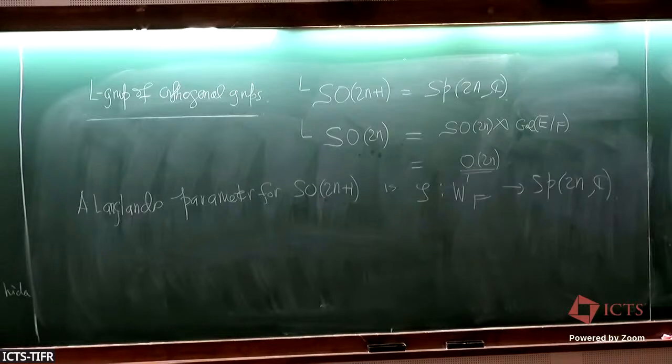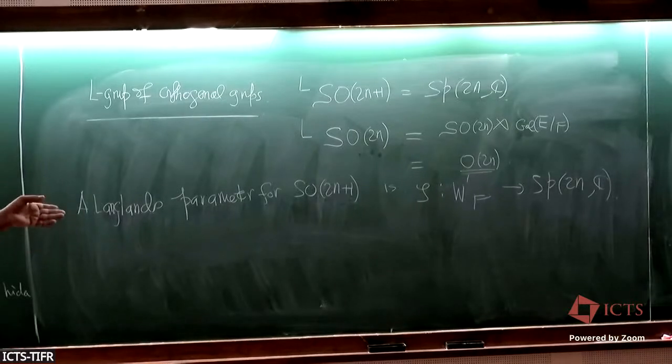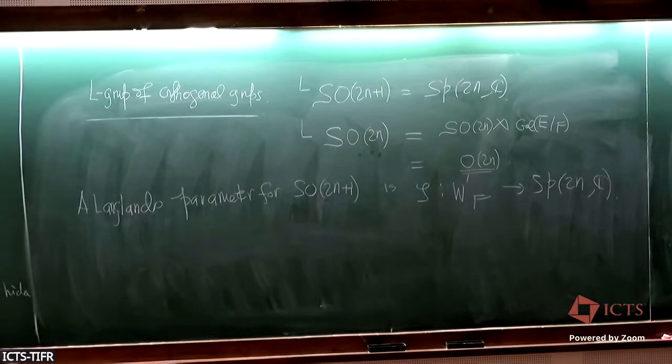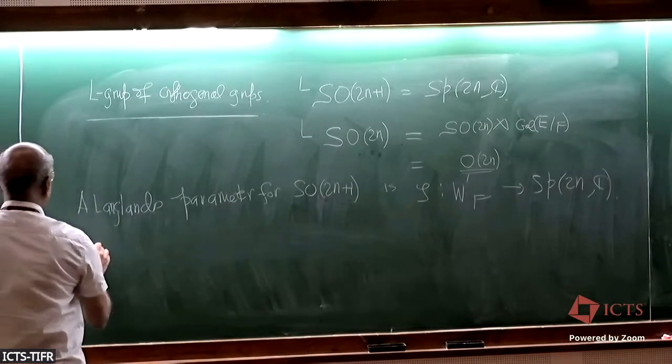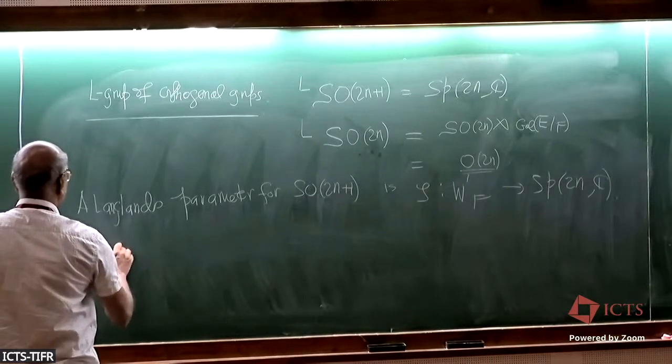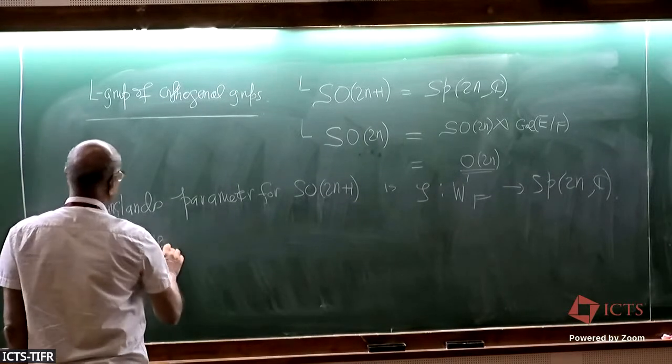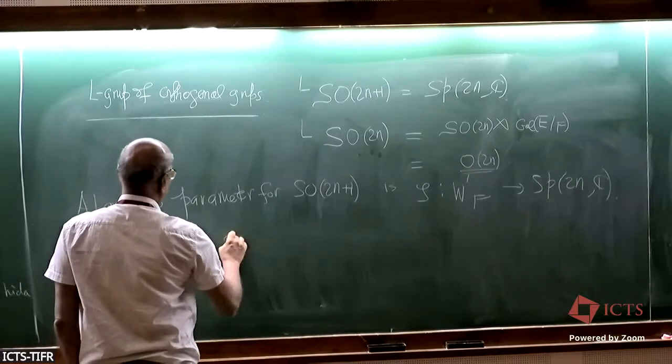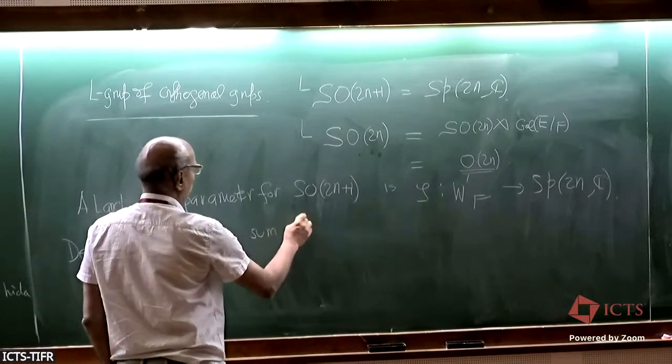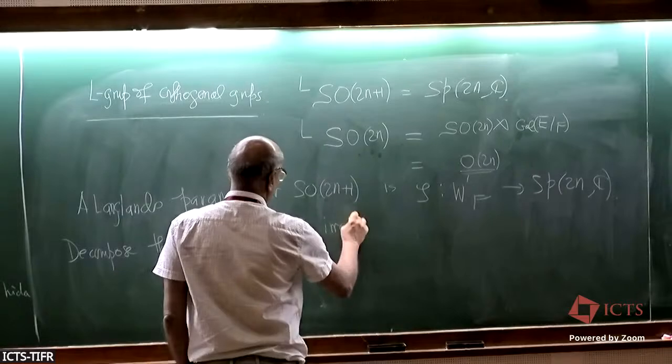So it is a finite dimensional representation of the Weil group. The Weil group for most purposes is just a finite group, and you can decompose this representation as a sum of irreducible representations.